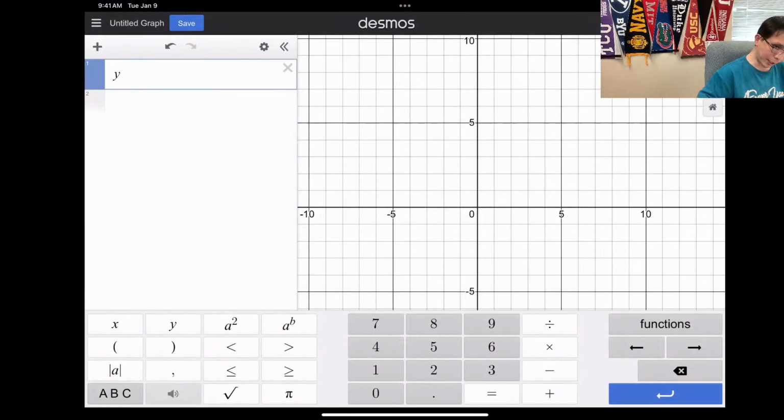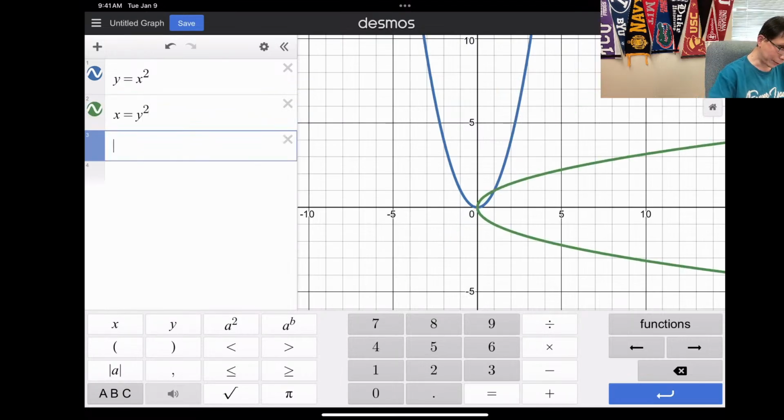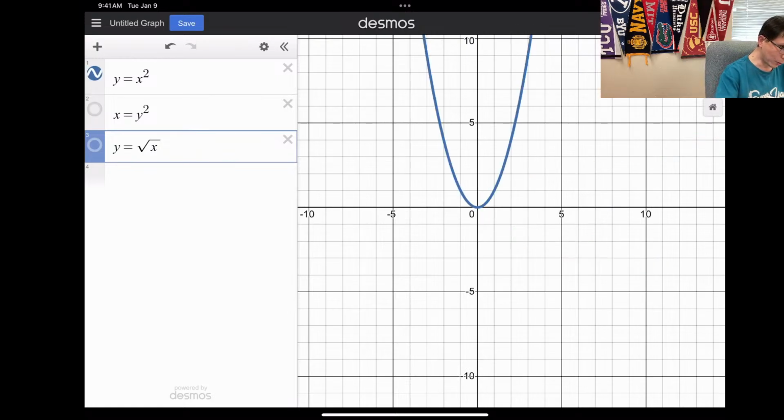So y equals x squared looks like this. x equals y squared looks like this. However, y equals square root of x looks like this, just only the top. So this is y equals square root x, this is x equals y squared, and this is y equals x squared. Does that make sense?